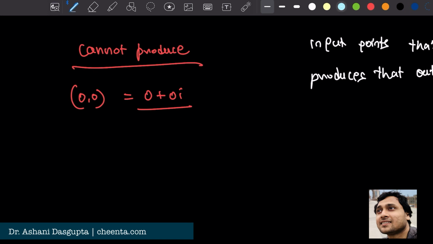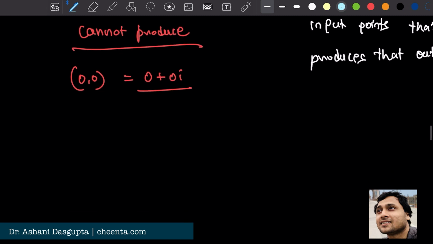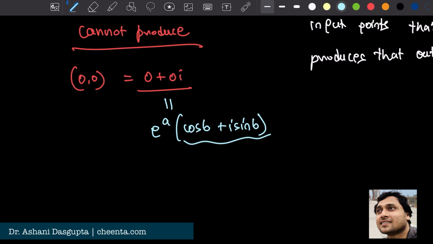Let's understand this geometrically. You cannot have this equal to e to the power a times cosine b plus i sine b. Cosine b plus i sine b is a point on the unit circle for a specific b.